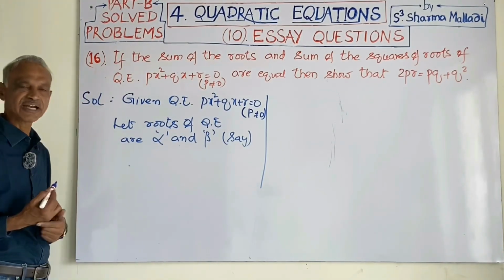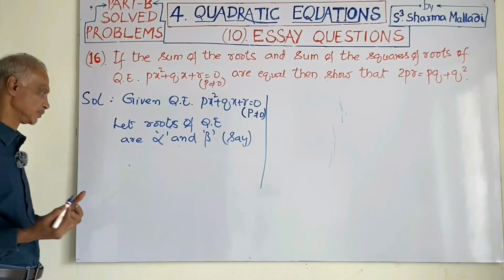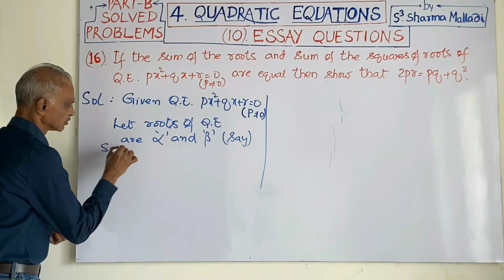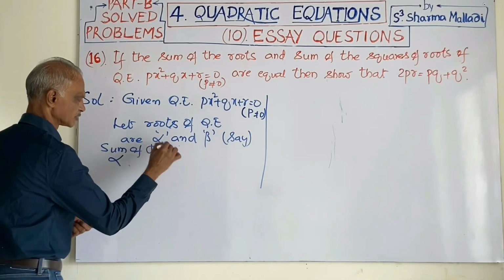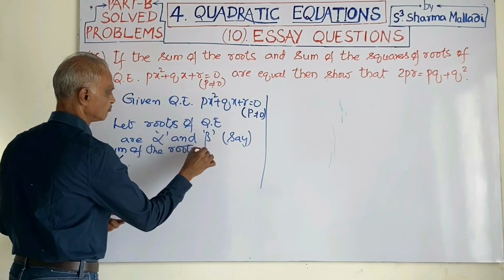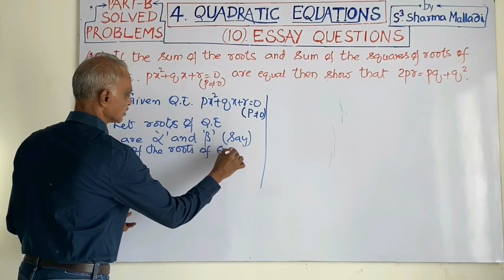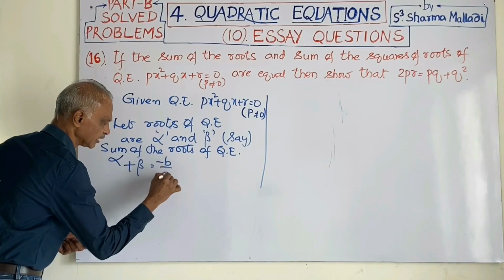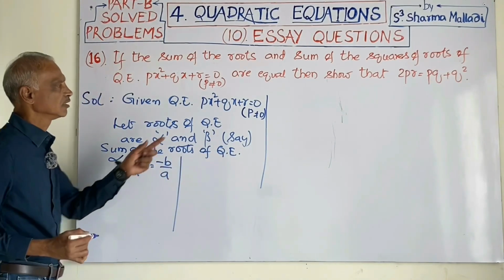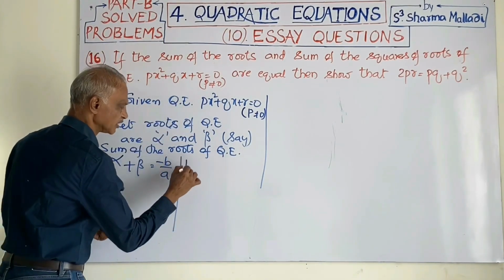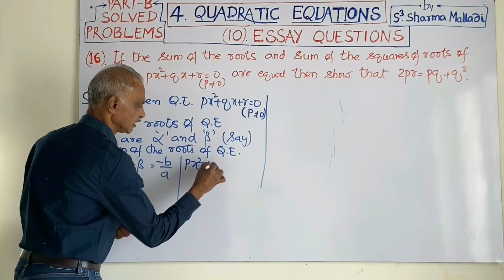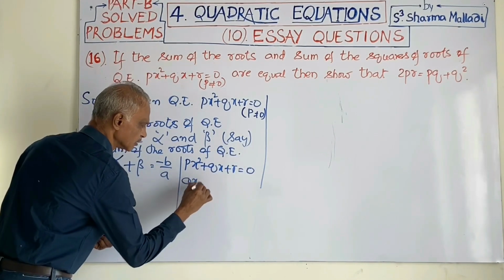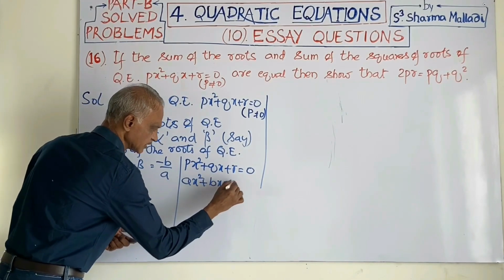Now first we have to find the sum of the roots and product of the roots. Sum of the roots of a quadratic equation, alpha plus beta is equal to minus b by a. The given quadratic equation is in the form of ax square plus bx plus c is equal to 0.